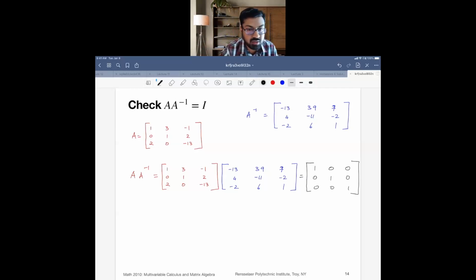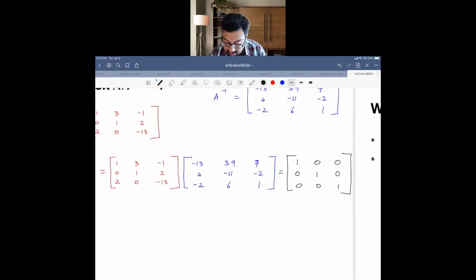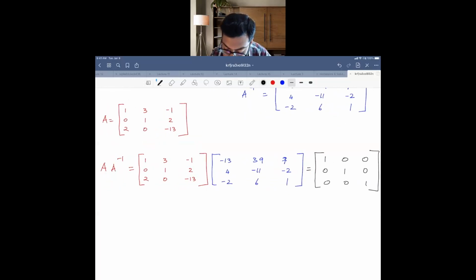So let's just pick one case, just to be safe, to check whether you get it or not. For example, how do I get this value here, 0? If I wanted the second row, third column entry in the product, then I would need to consider the second row of the first matrix and the third column of the second matrix, and then do a dot product between them, right?